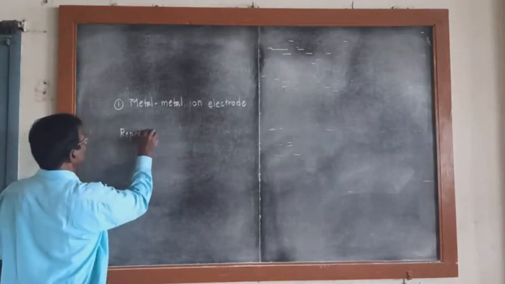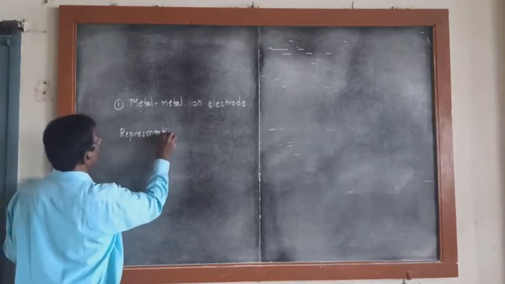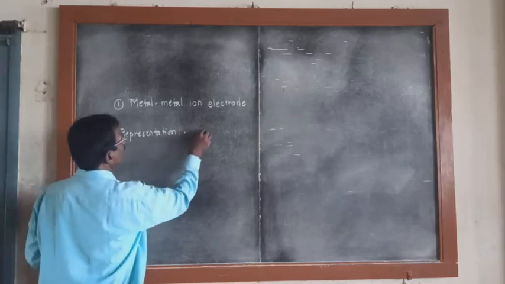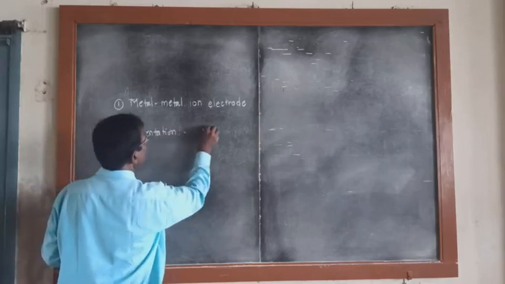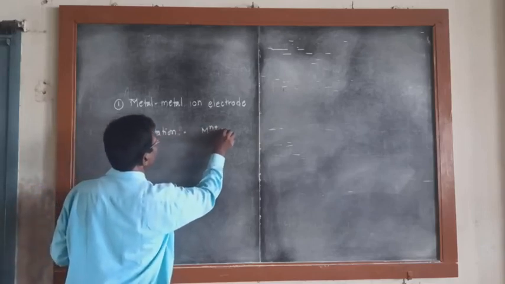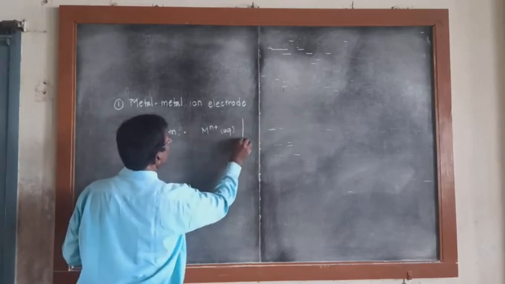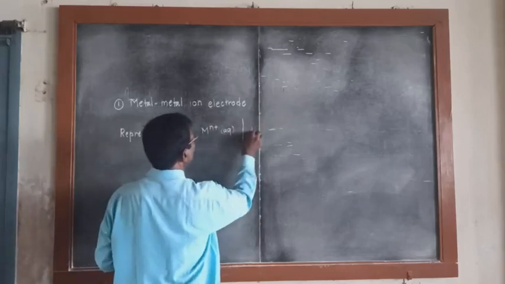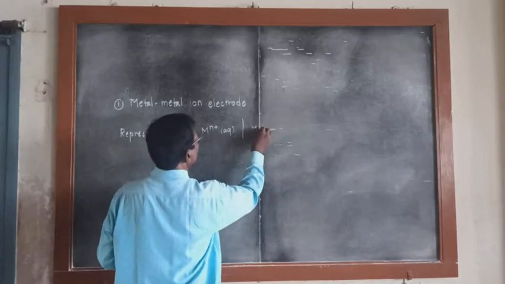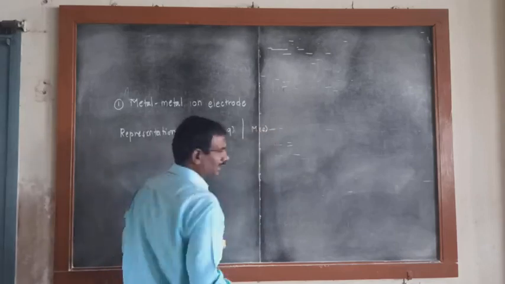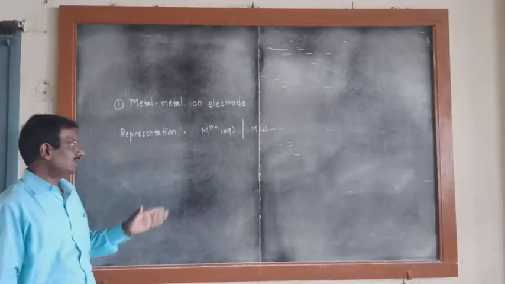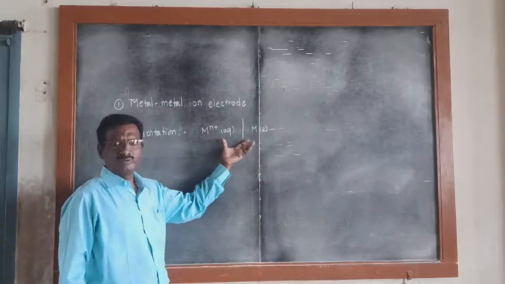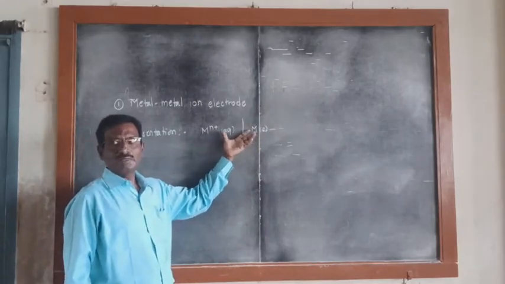Representation is Mn+ ions in aqueous state, vertical line, metal in solid state. Vertical line indicates phase boundary between metal and its ions.